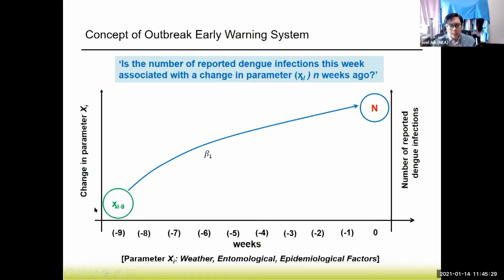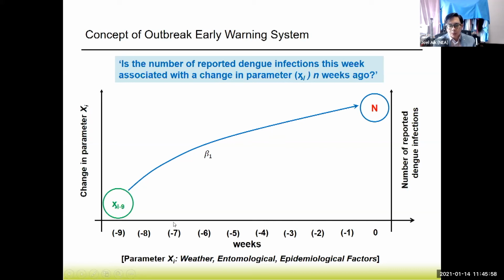Now I'm going to quickly talk about the concept of the outbreak early warning system. One of the simplest ways to talk about this is to ask a question. This research question can be phrased as follows. Is the number of reported dengue infections this week, let's say it's week 0, associated with a change in a parameter N weeks ago, up to 9 weeks ago?